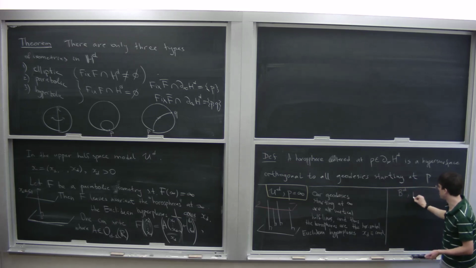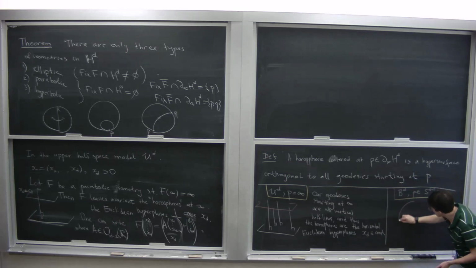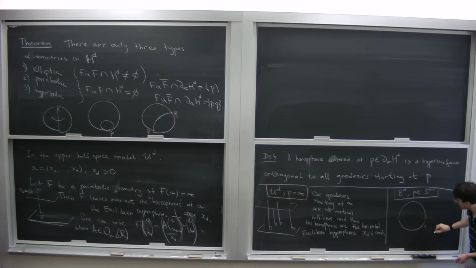BD, and P is just any point from the boundary sphere. In this picture, one can consider point P right here, and we have all the geodesics and so on, right?